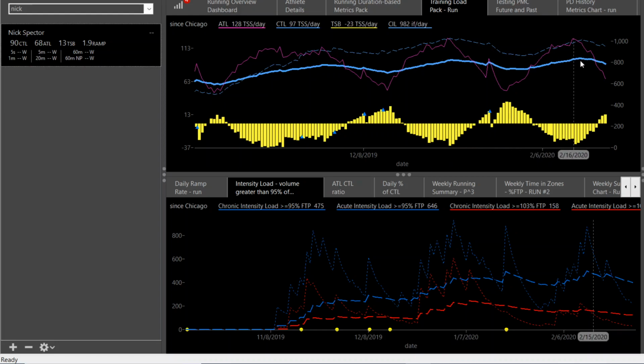So we're building that, but we can also see the composition growing in terms of the intensity load greater than or equal to 95% of FTP. We're growing that, and then there's the taper.